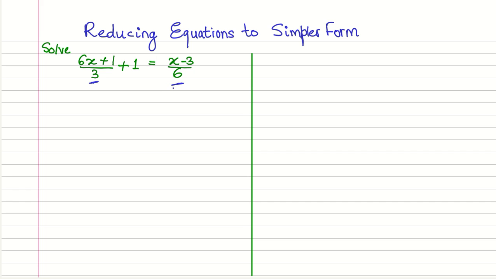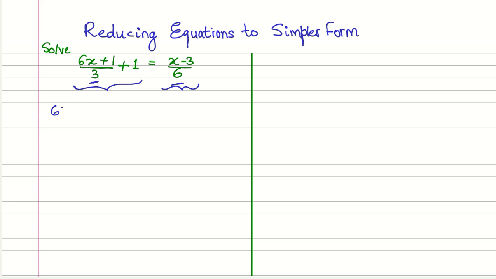So the first step to simplify is to get rid of the denominators by multiplying by the LCM of these two numbers. So let us multiply the left hand side and the right hand side by the number 6. Please note that both the terms on this side, that is (6x + 1)/3 and this 1, must also be multiplied by 6 to keep the equation balanced.